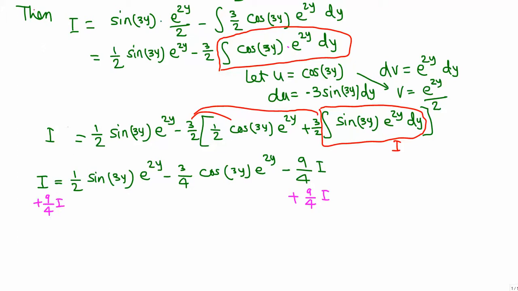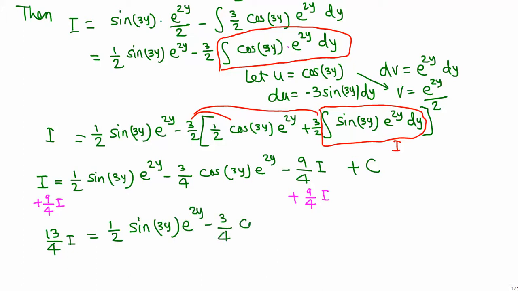How many copies of the integral do we get here? 1I plus 9/4 I, which is 4/4 plus 9/4, 13/4 I. So 13/4 I equals, and I forgot to write plus c, by the way, because at the end we have to have plus c: 1/2 sine 3y e raised to 2y minus 3/4 cosine 3y e raised to 2y plus c.